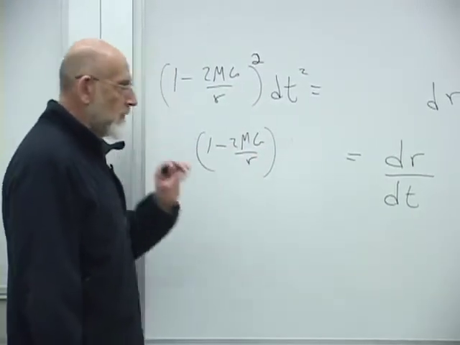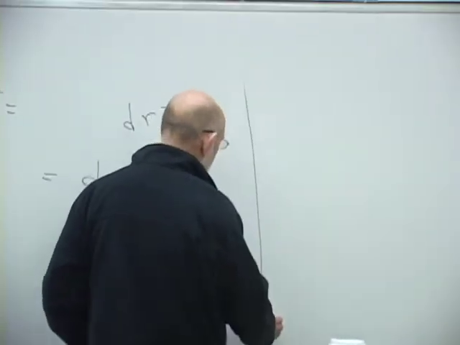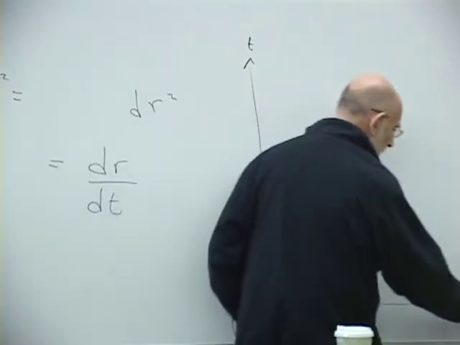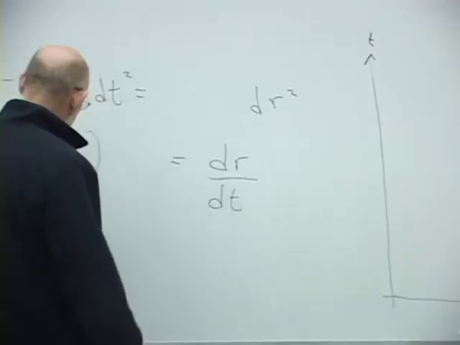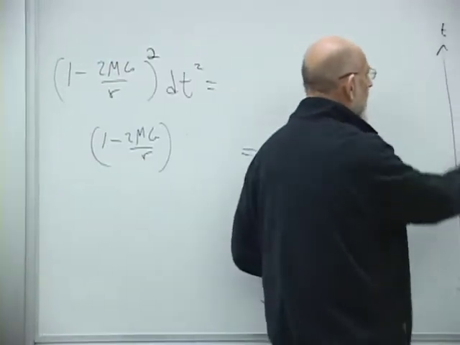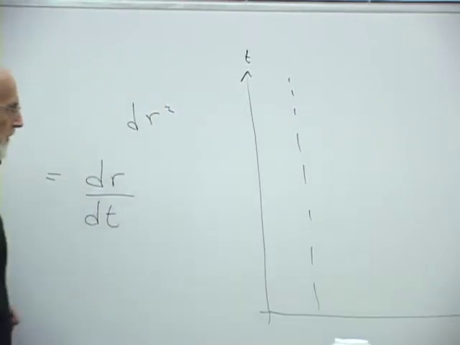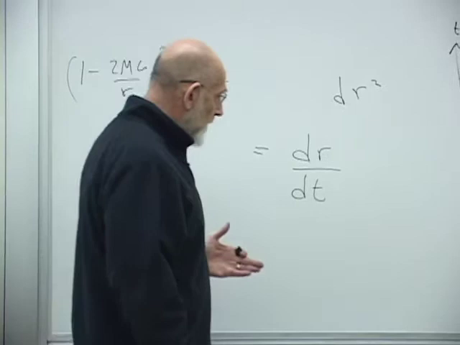So we could draw a picture of this. Let's draw time. Here's time. Let's draw r this way. And at some value of r, namely r equals 2mg, let's put that in over here. That's the horizon of the black hole. Okay. That's the horizon of the black hole.